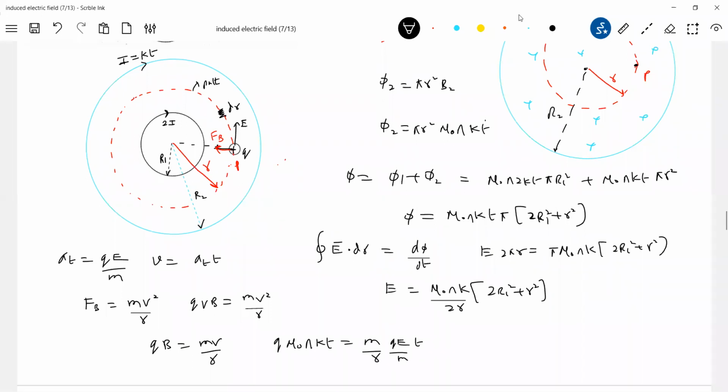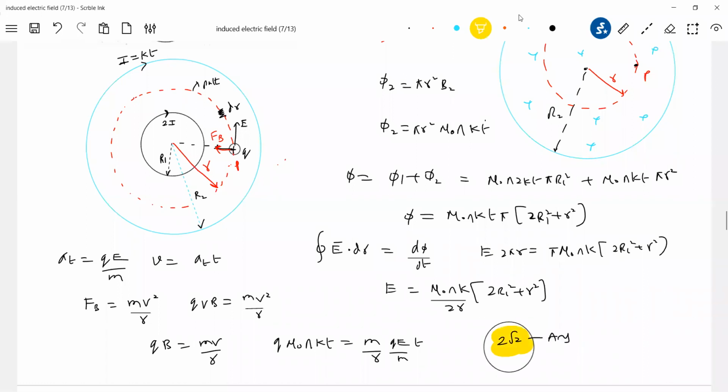Substituting that E here, solving, we will get the required answer. So I'll give the answer. 2 root 2.